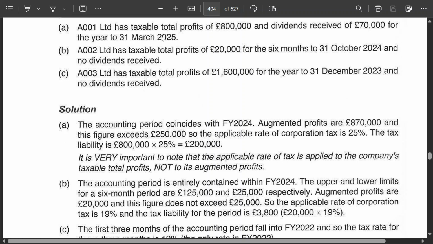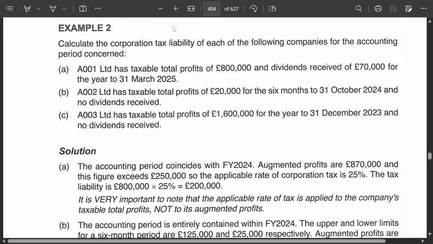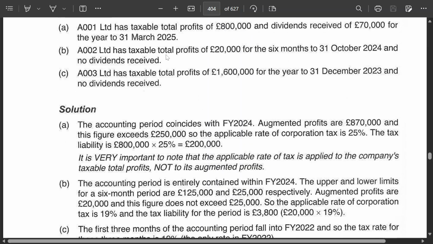This is dovetailing perfectly with the FY24, right? So this 31st March is ending on 31st March, so we don't have any real adjustments to do. We just find out what the augmented profit is, 870,000, and this is more than the 250,000. So the rate of tax in this case will be 25%.